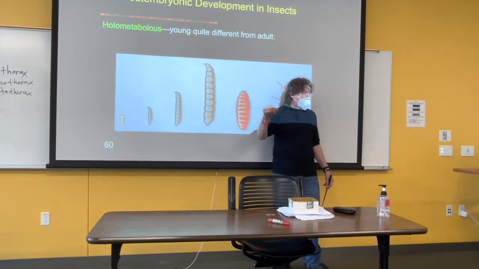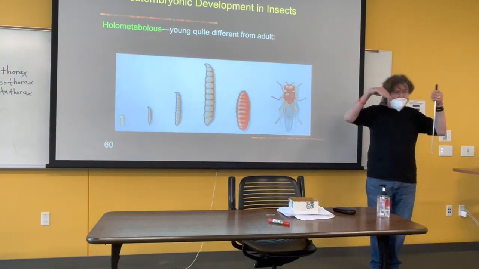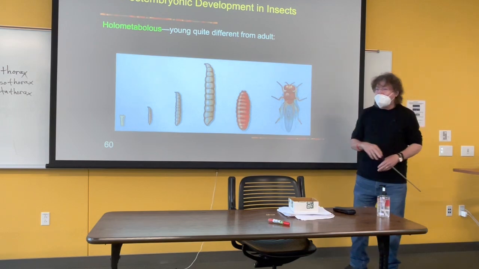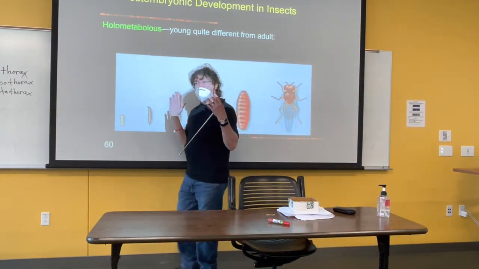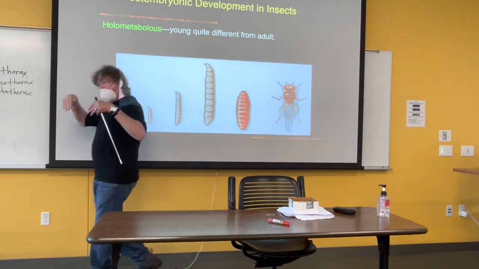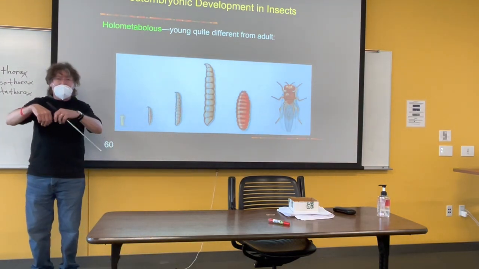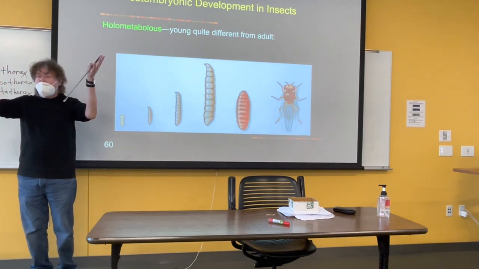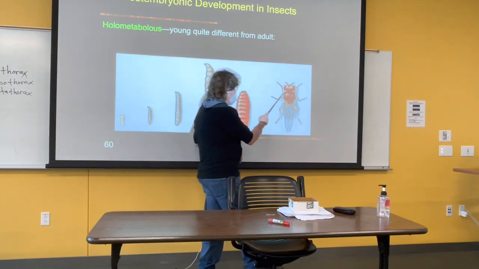So in the larva, they have wing pads, but they're not exposed on the outside. They are inside. That's different than the wing pads in the hemimetabolous group. They are external. These wing pads are internal, and during the pupal stage, they will evert outward. Okay, and then we have the adult.